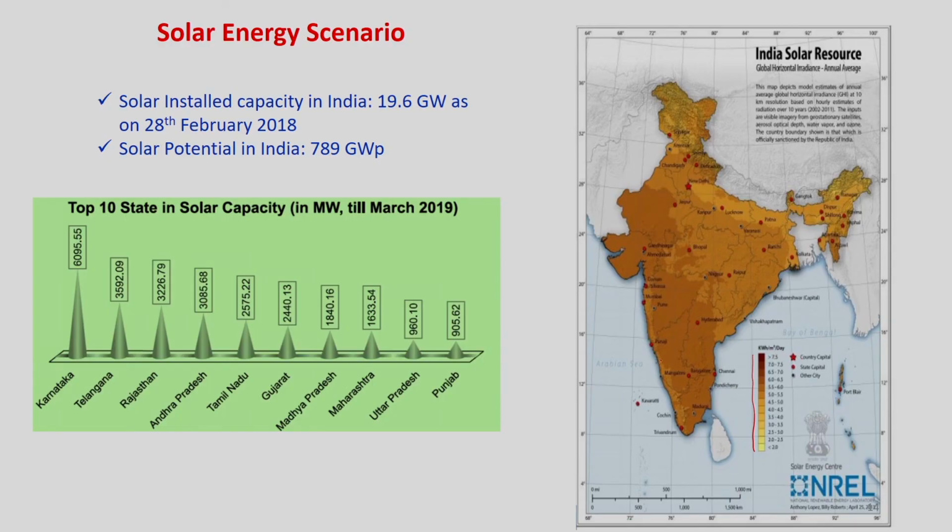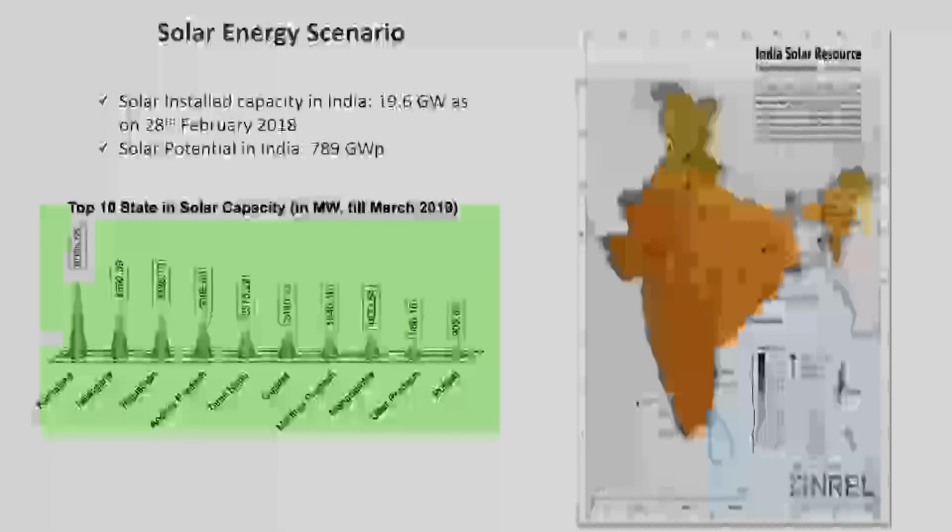These regions are darkest, and there we get a higher solar concentration. The solar installed capacity in India as on 28th February 2018 is about 19.6 gigawatt, and the estimated solar potential in India is about 789 gigawatt peak.